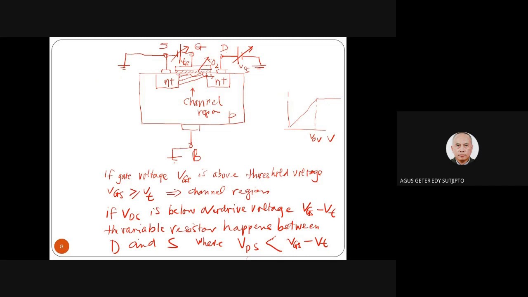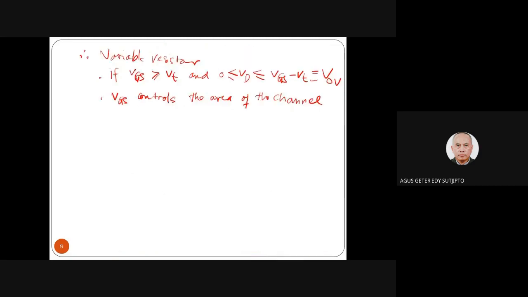So the area of the channel region will increase. Increasing VGS will increase the channel region area, which allows greater current, or electrons, to flow from S to D. So VGS controls the area of the channel in this case.